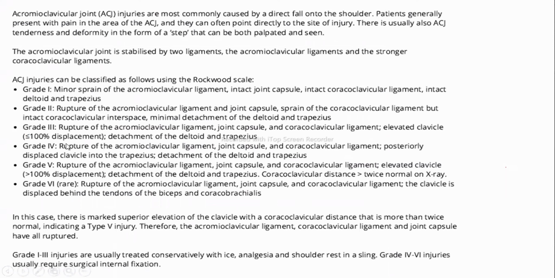You can read this slide later, guys. Also be familiar with the management. Grade 1 to 3 injuries are usually treated conservatively. So if the exam gives you grade 1, 2 or 3 and asks what is the next step, it is conservative.